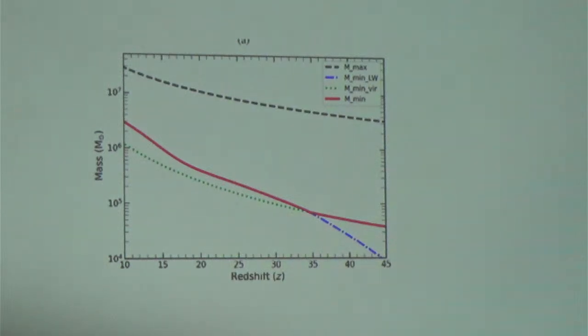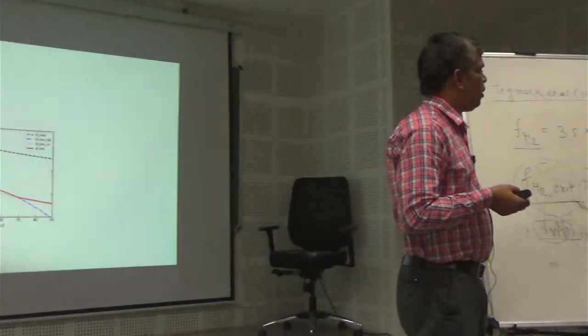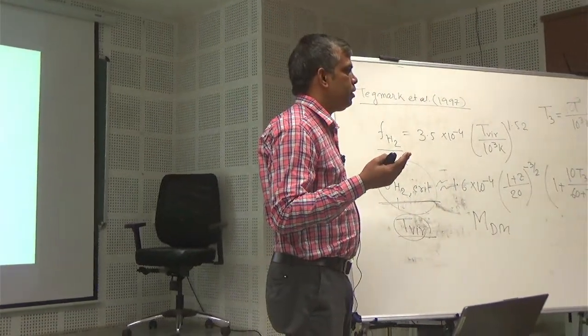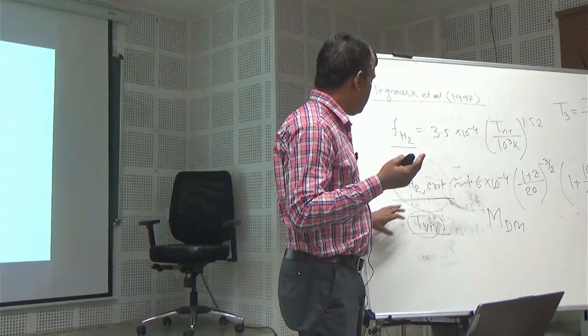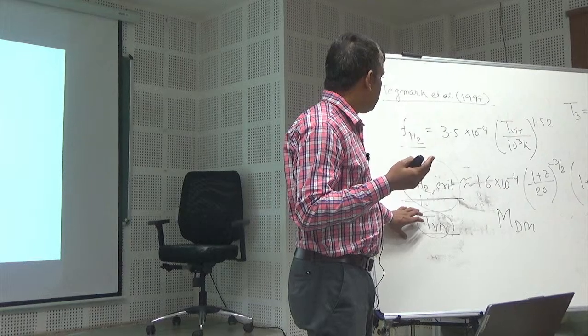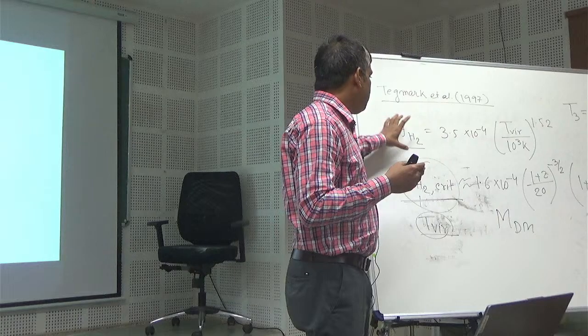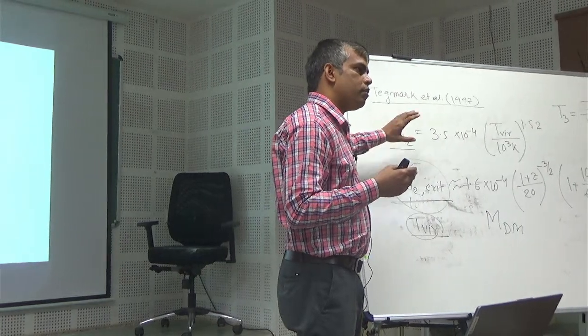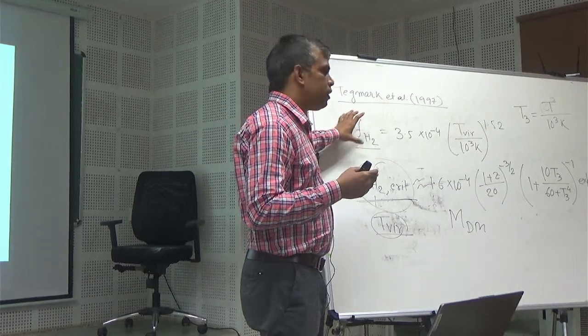First of all, T virial will be lower, and also you have higher density at higher redshift. So let's say T virial is less, then this fraction is also less. That means at higher redshift, a lower H2 fraction can start the star formation.